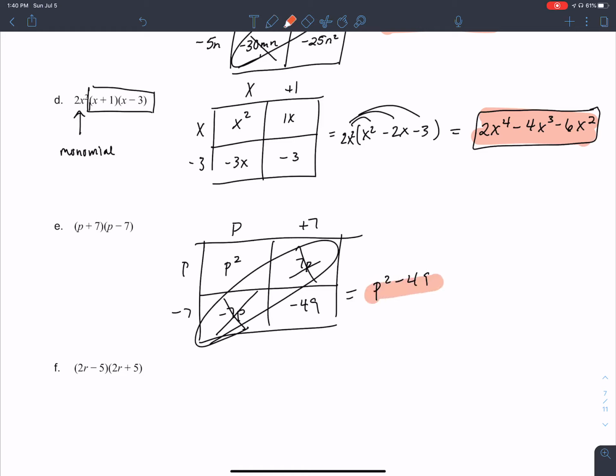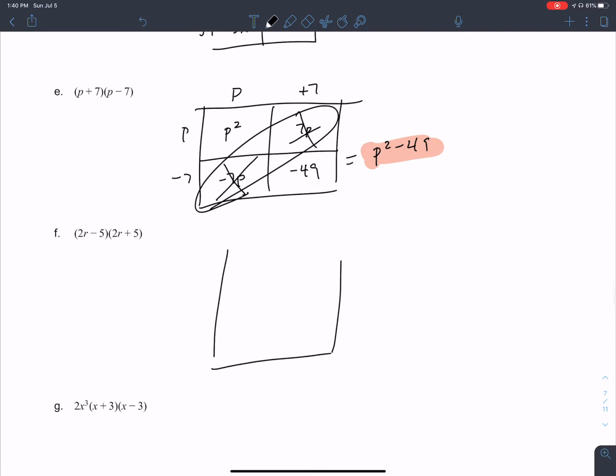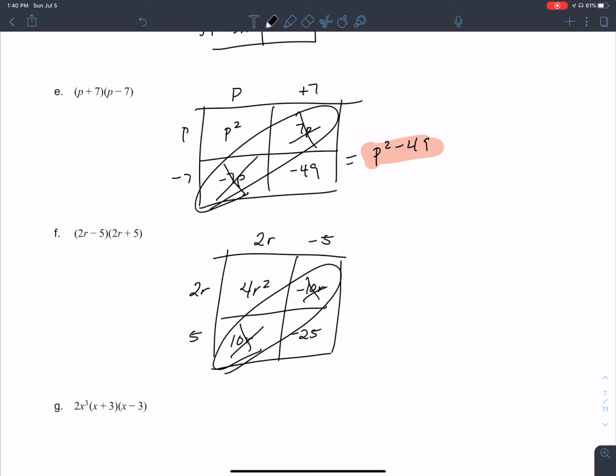Okay, that's the answer. All right, let's do another one. 2r, negative 5, 2r, 5. 4r squared, negative 10r, 10r, negative 25. 4r squared minus 25. That's my answer.